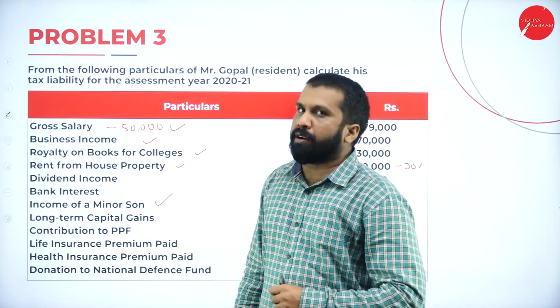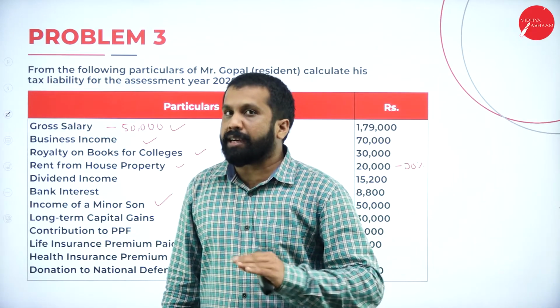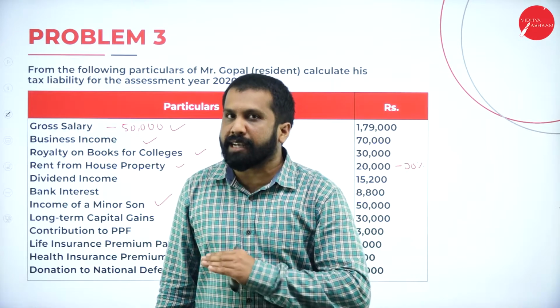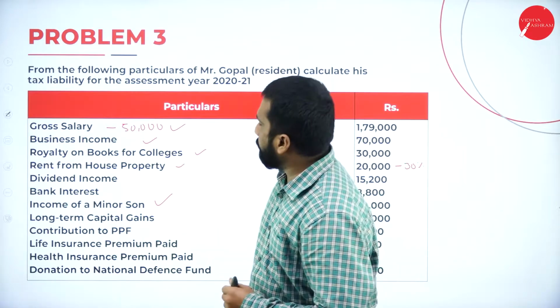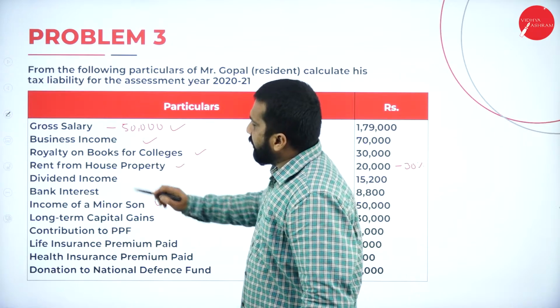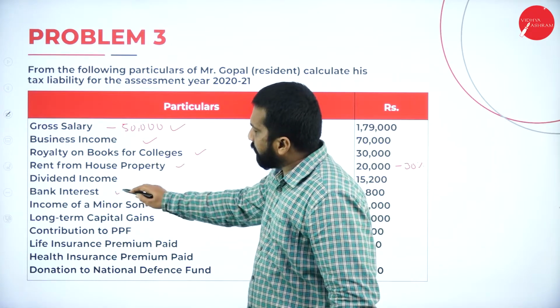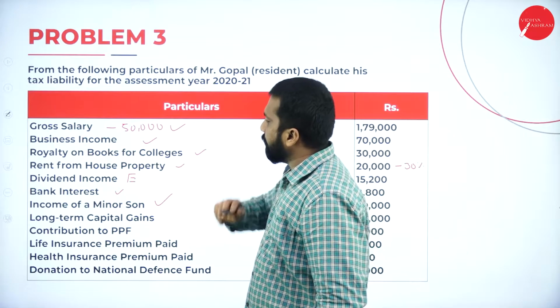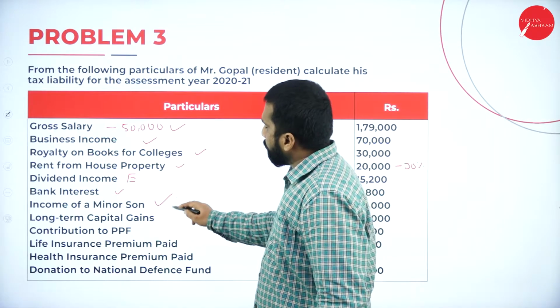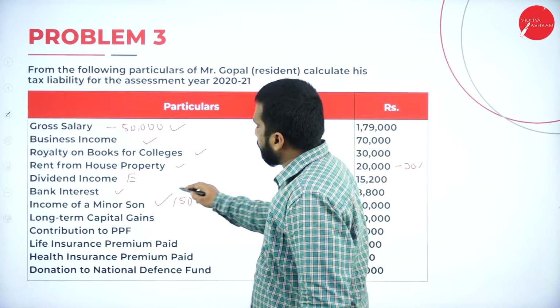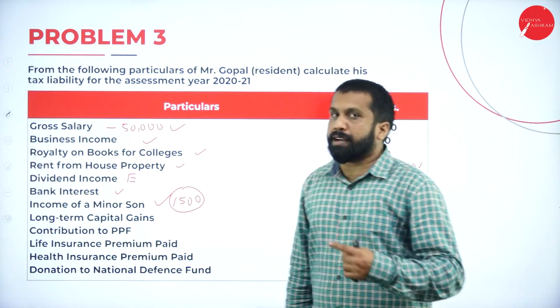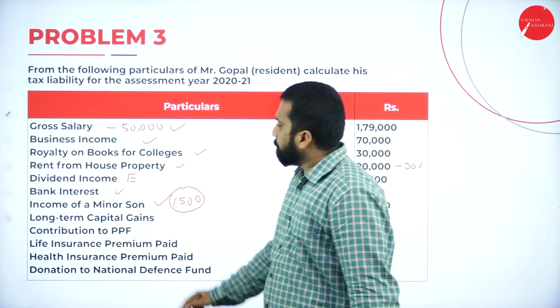What is the limit for dividend? Up to 10 lakh of Indian company dividends are exempted. Now, bank interest comes under income from other source, taxable. This is exempted, remember. Income of minor son up to 1500 exempted, above 1500 will be taxable.